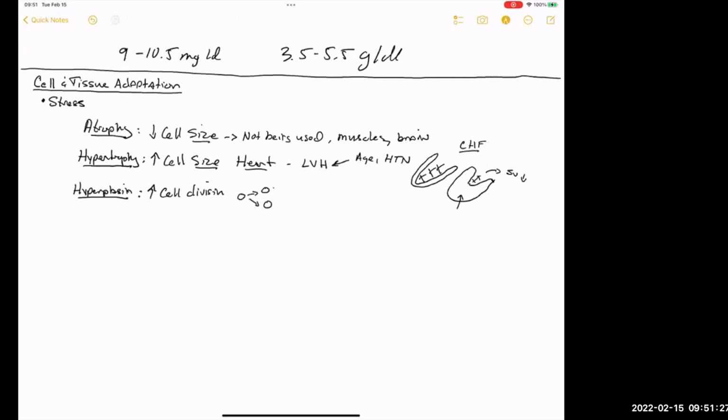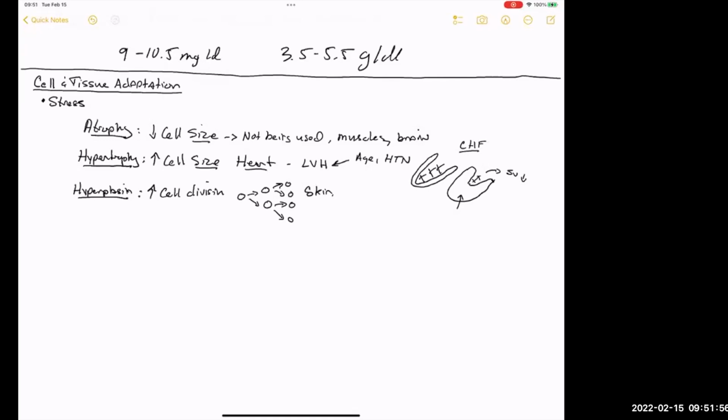And so the number of cells is increasing as opposed to the mass of the cells or the size of the cells, right? Hyperplasia is cell division, right? And we see this in areas where you have lots of cell division in your body, specifically in the skin, the integumentary system, all right?